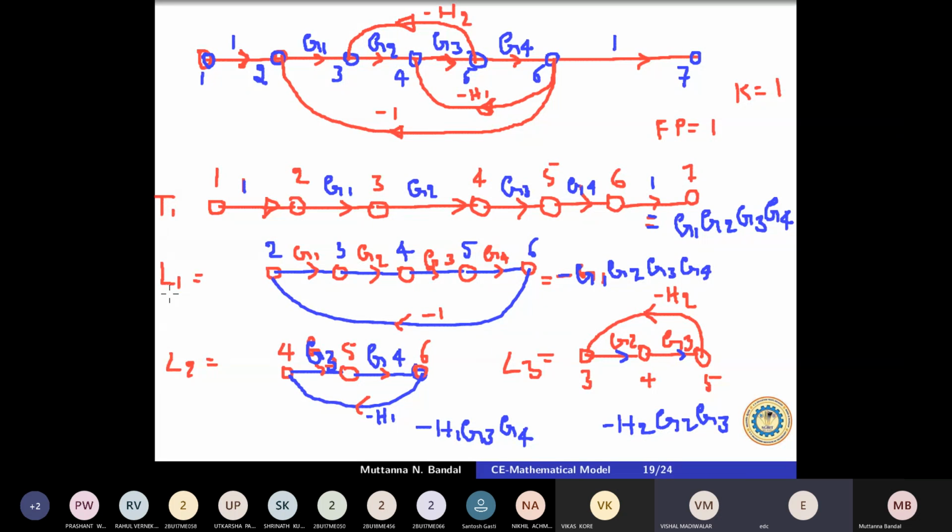Now I have to check whether there is a pair of 2 loops that are not touching. Now let us see loop 1 and loop 2. I have to check whether they are touching or not touching. Suppose loop 1 has 2, 3, 4, 5, 6 and loop 2 has 4, 5, 6. In the sense, loop 1 is touching loop 2, right?